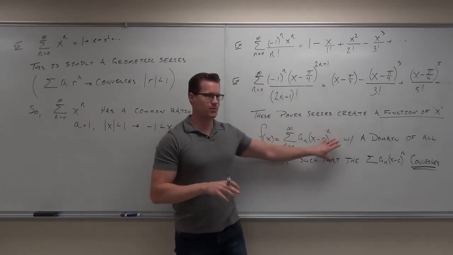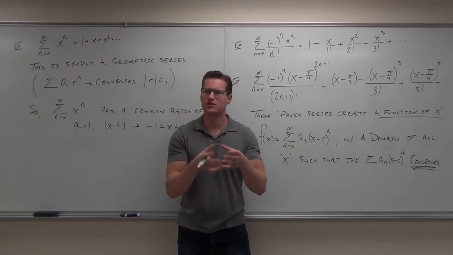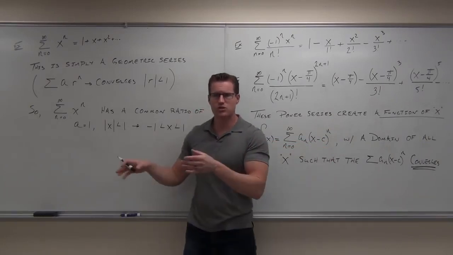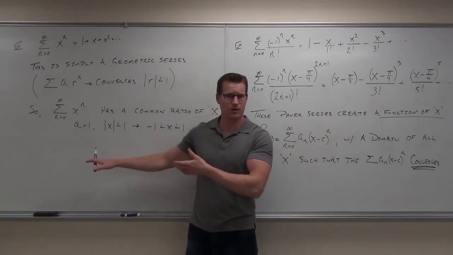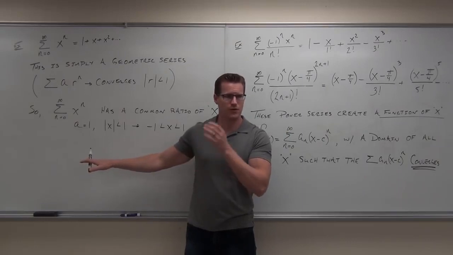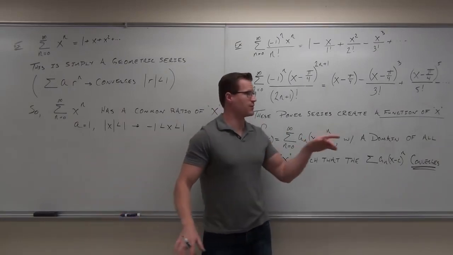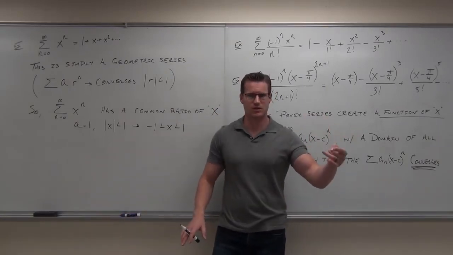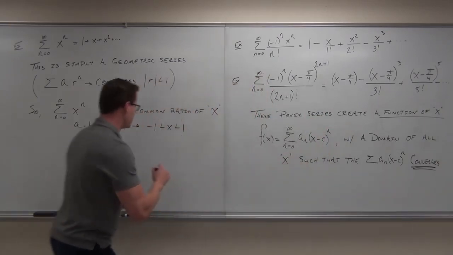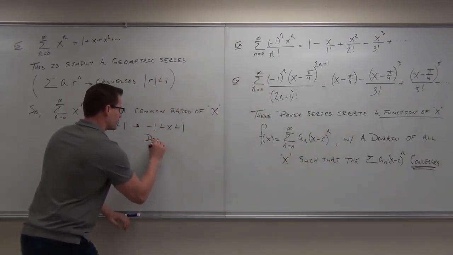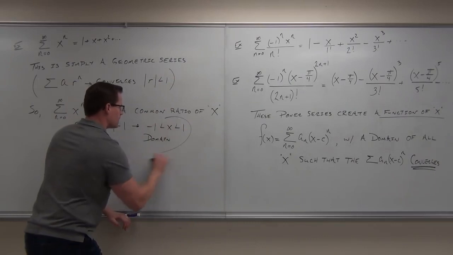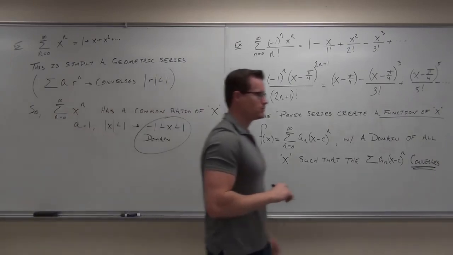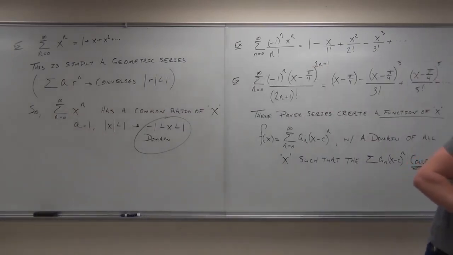This is a function on a very specific domain. Is it a function defined everywhere? No. It's defined for a very specific set of x's. So that's our domain. That's it. Now, here's what's also very cool.